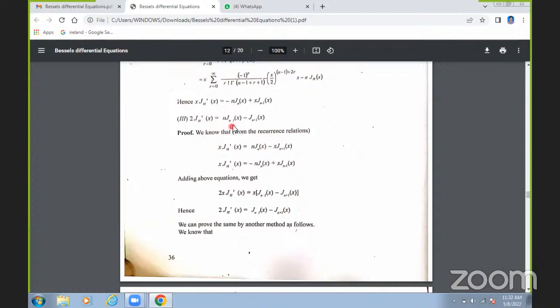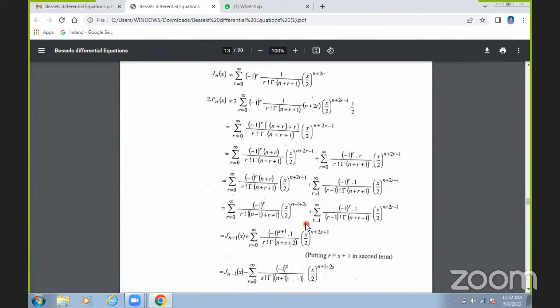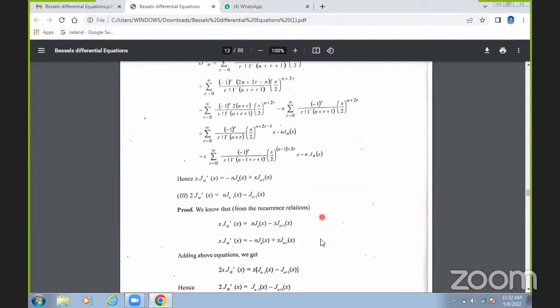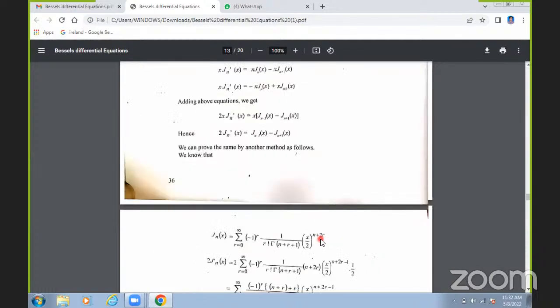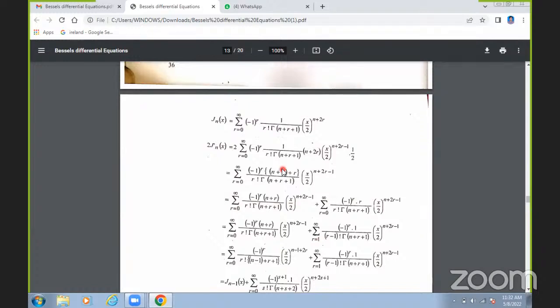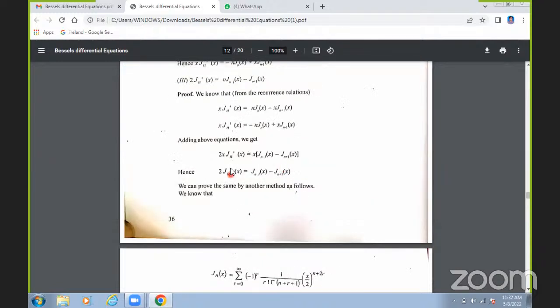So we have to prove this one. Simply, the values of Jn of x and J dash n of x we have to substitute here, because by adding these two we get 2J dash n of x is equal to Jn minus 1 of x minus Jn plus 1 of x.